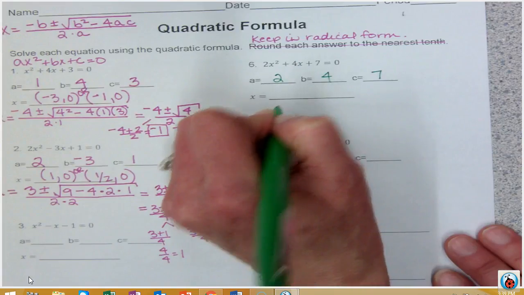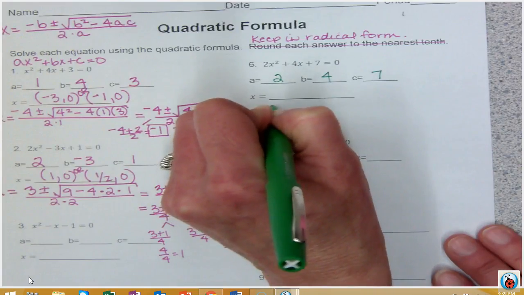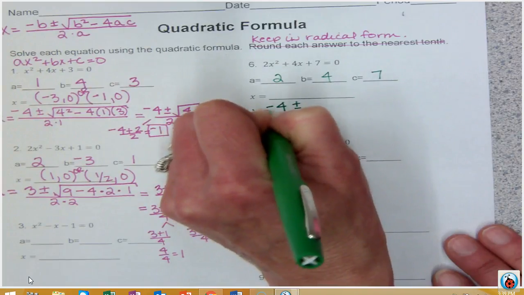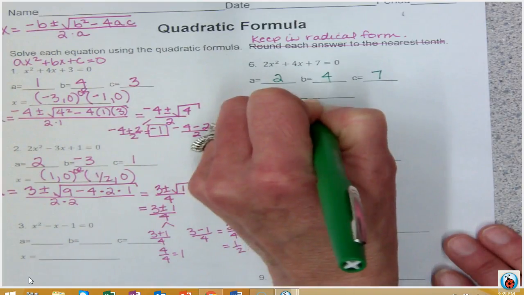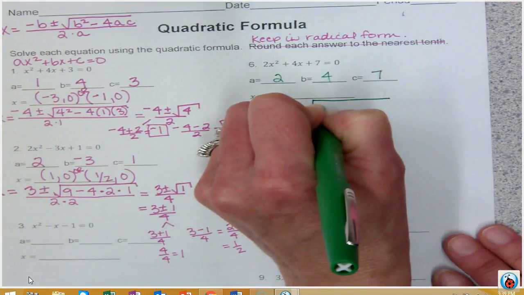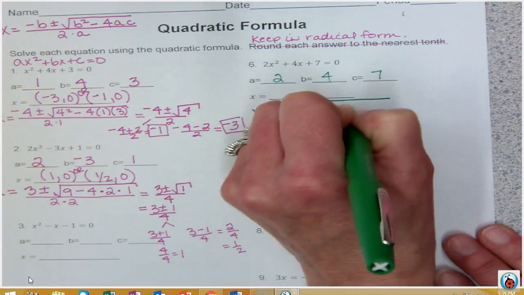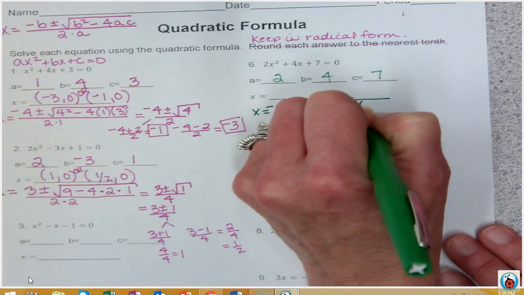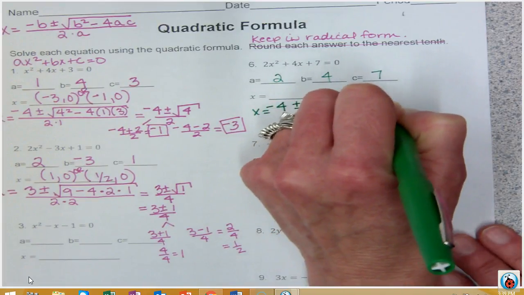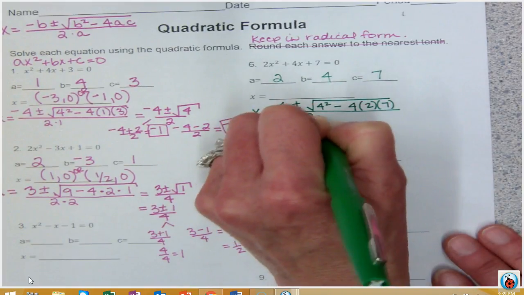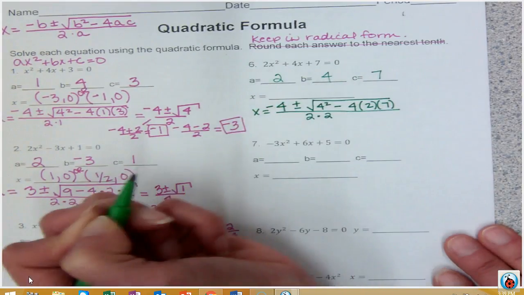So I've got negative 4, which is my B, plus or minus, x equals the square root of B squared, 4 squared, minus 4 times A times C, all over 2 times your A, which is 2.